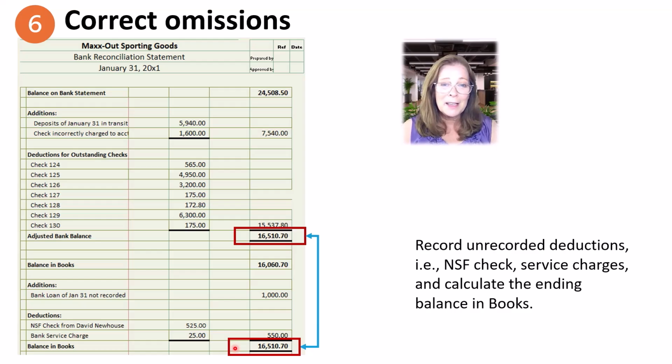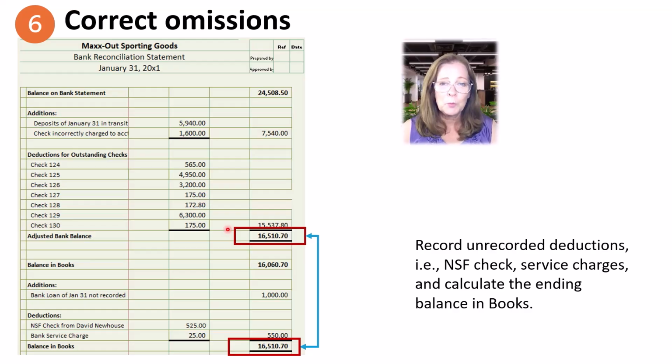And notice that the adjusted book balance of $16,510.70 agrees exactly with the adjusted bank balance of $16,510.70. When the two adjusted balances agree, the bank reconciliation is complete. If the balances do not agree, you must continue investigating until all differences have been identified and properly accounted for.